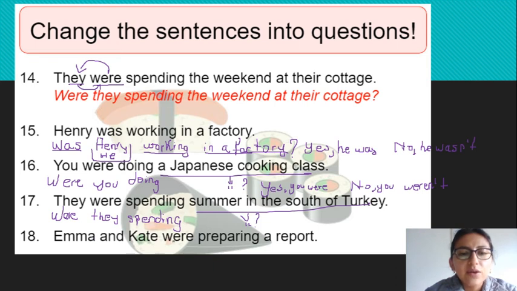Emma and Katie were preparing a report. What is the subject in this sentence? Emma? Kate? No. Emma and Kate are the subjects. En este caso, Emma y Kate son el sujeto. ¿Por qué? Because in this case we have the verb.